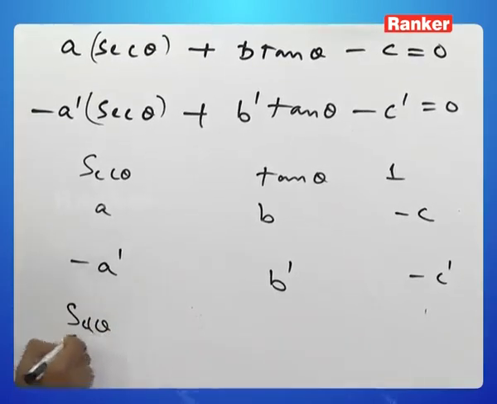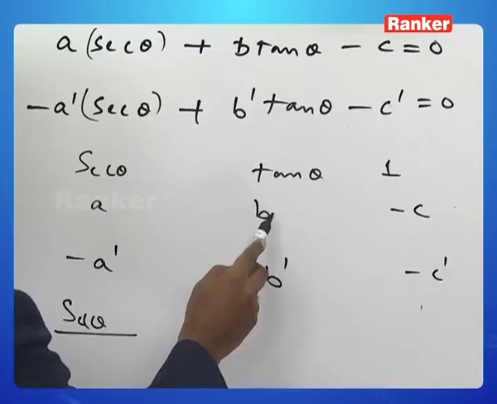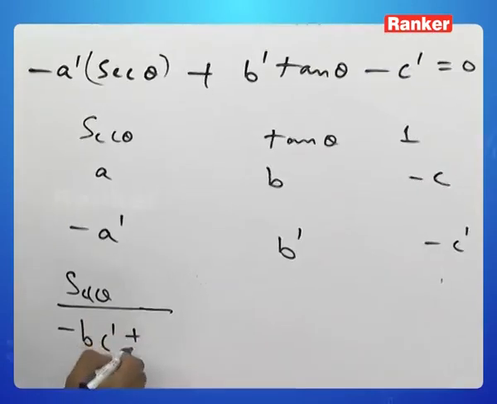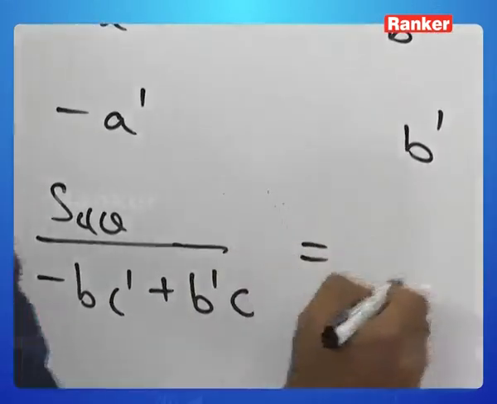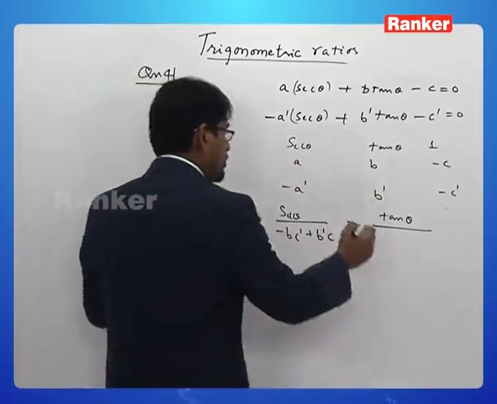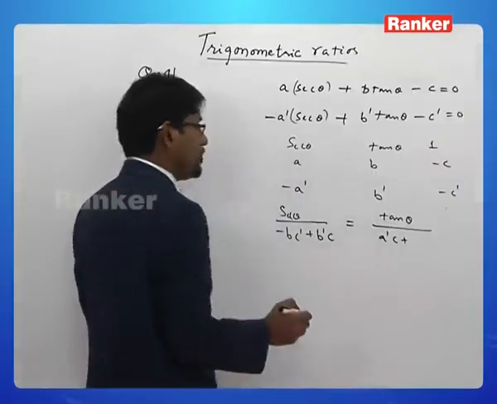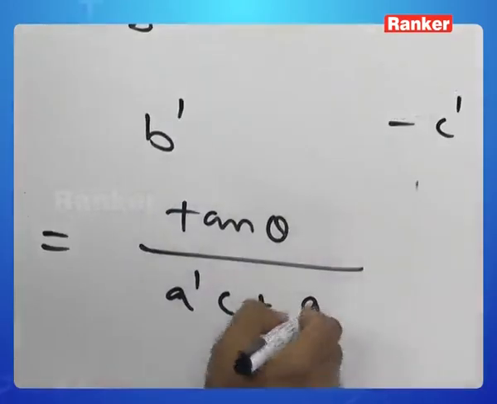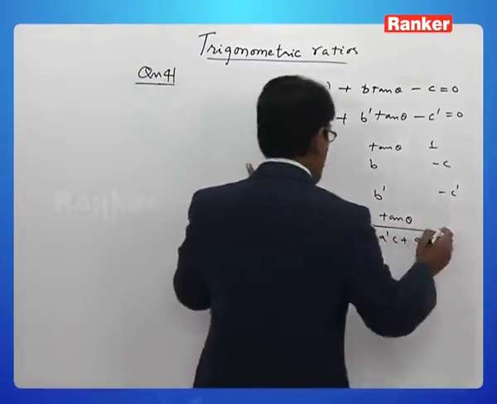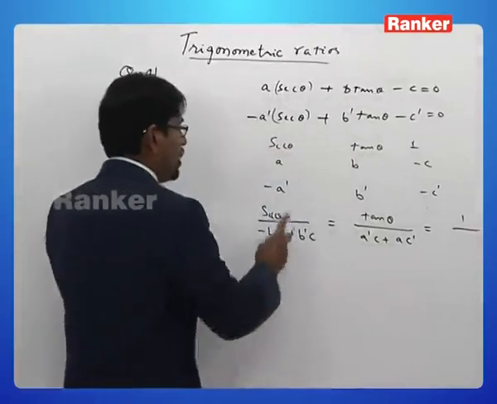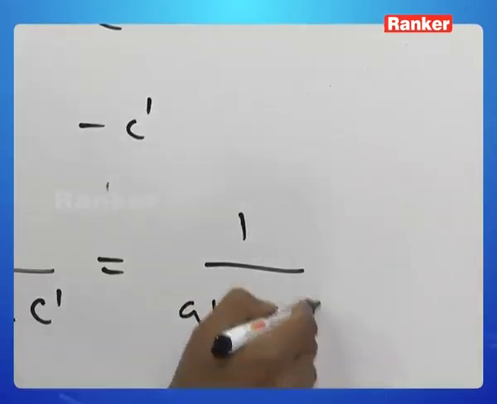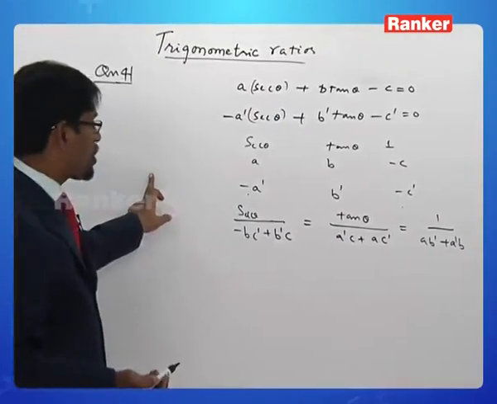Secant theta by minus bc dash plus b dash c is equal to tan theta by plus a dash c plus ac dash, and 1 upon ab dash plus a dash b, using the cross ratio formula here.